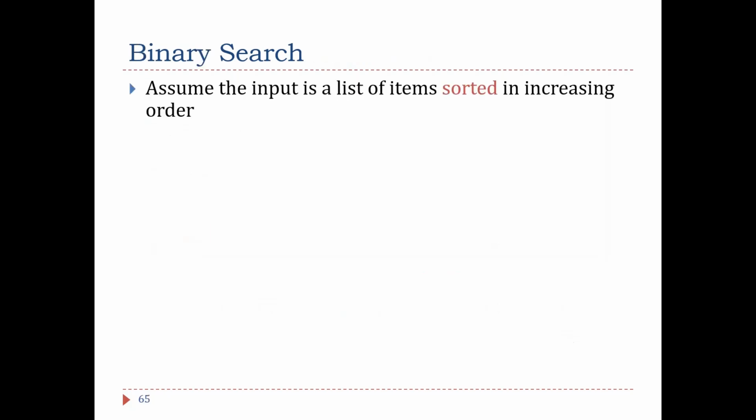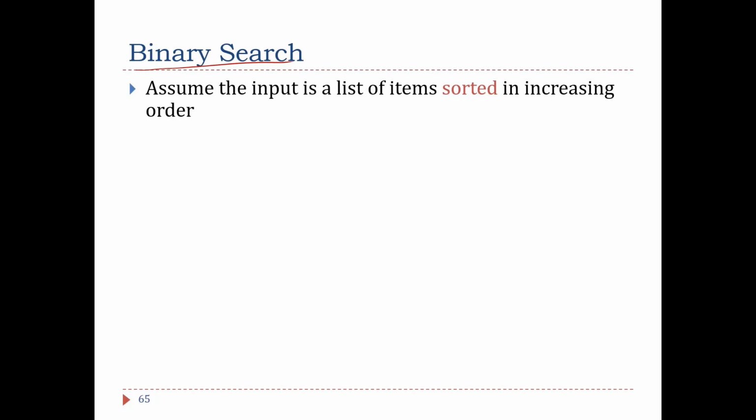Okay. So now let's jump to another search algorithm that's called the binary search, which follows the concept of successive halving. It means looking in halves of the array each time.